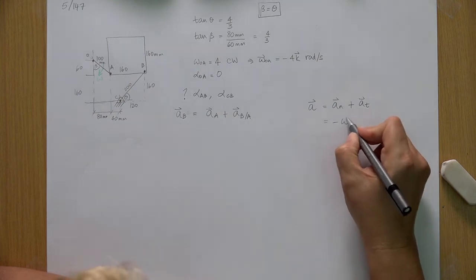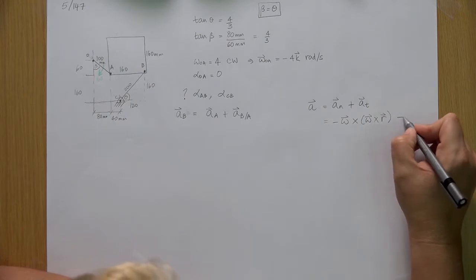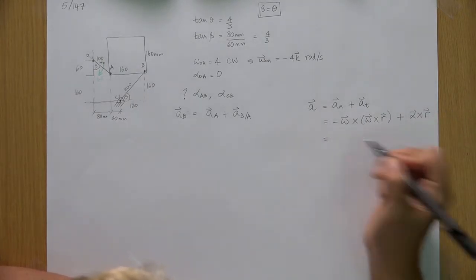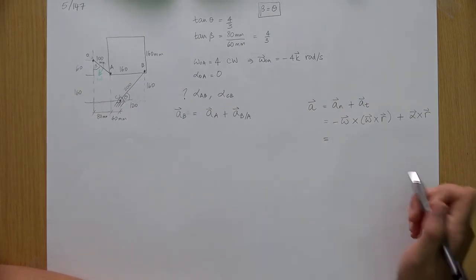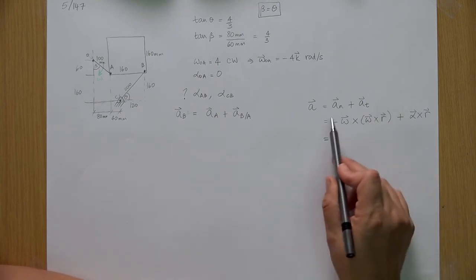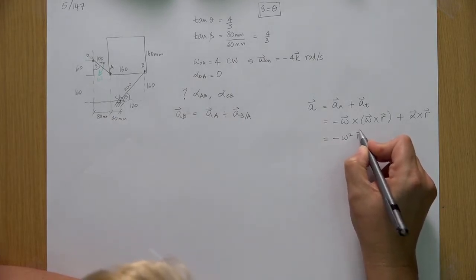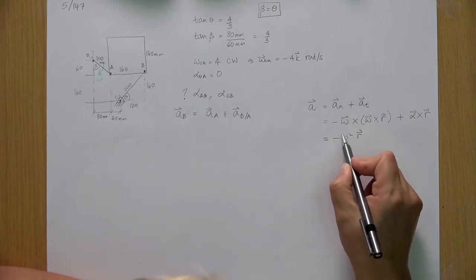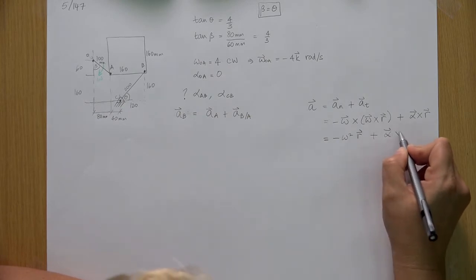The normal component is minus omega cross (omega cross r), and the tangential component is alpha cross r. For the case of rigid body rotation in a plane, which are all the problems we are dealing with in Chapter 5, I can express this more simply as minus omega squared r. Notice this is a scalar, so it's just the magnitude of the angular velocity, r plus alpha cross r.